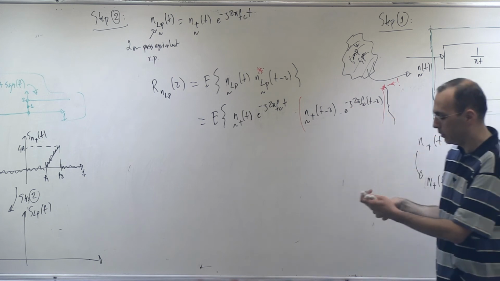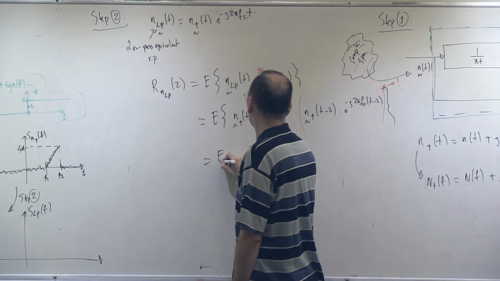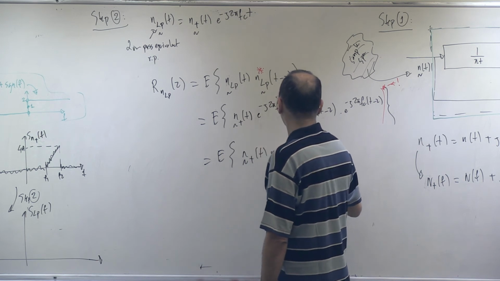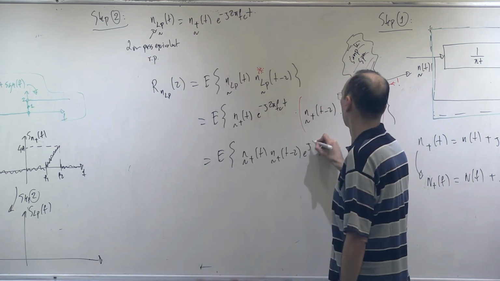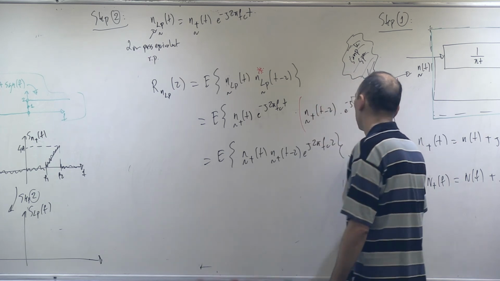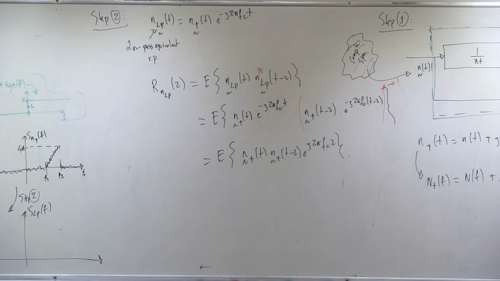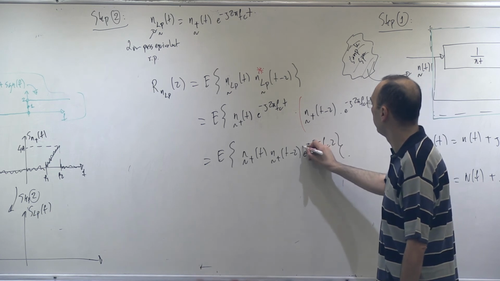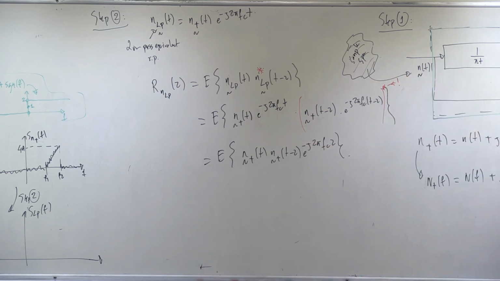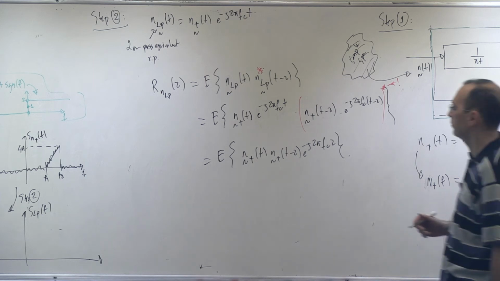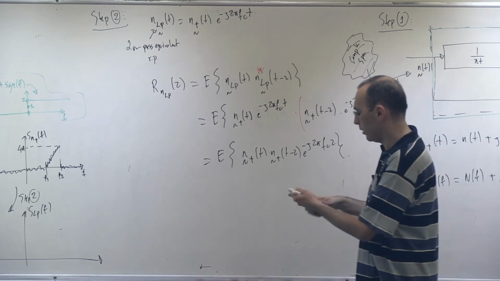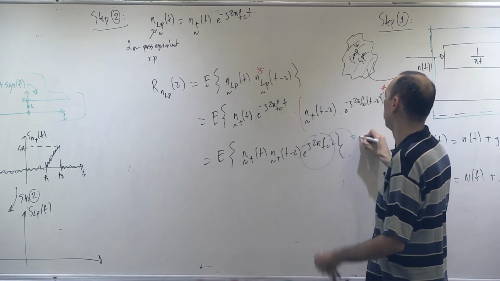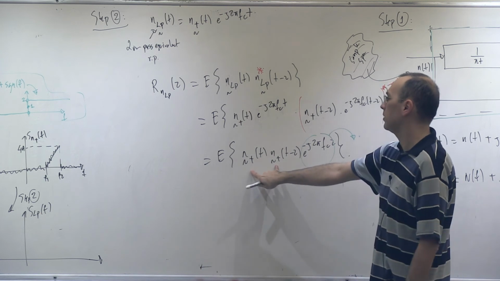So I'm seeing the following. This is equal to expected value of. So everything goes very right, as you see. Am I right? So this is with plus, so I have something like this. Am I right? But what is random over here? There is nothing random about this part. Take it out. But we know that this is wide sense stationary.